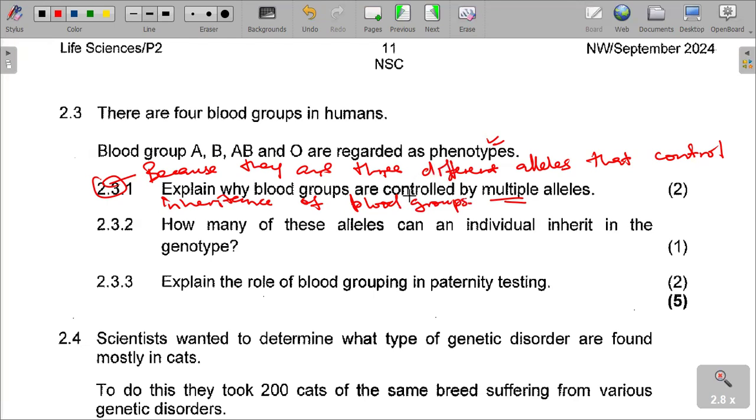That is the point there. There are 3 different alleles that control the inheritance of blood groups. That is one thing that we need to understand.